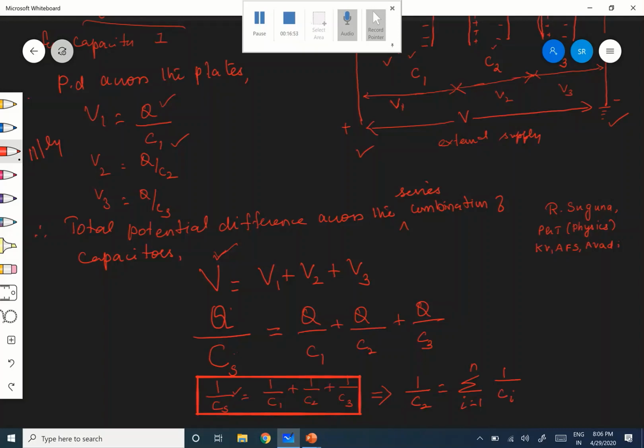That's it. So, what is CS? Equivalent capacitance of series combination. CS, suffix S says that it is the equivalent capacitance of series combination. That is sigma I is equal to 1 to N, 1 by Ci. Is it clear? Hope you are following.